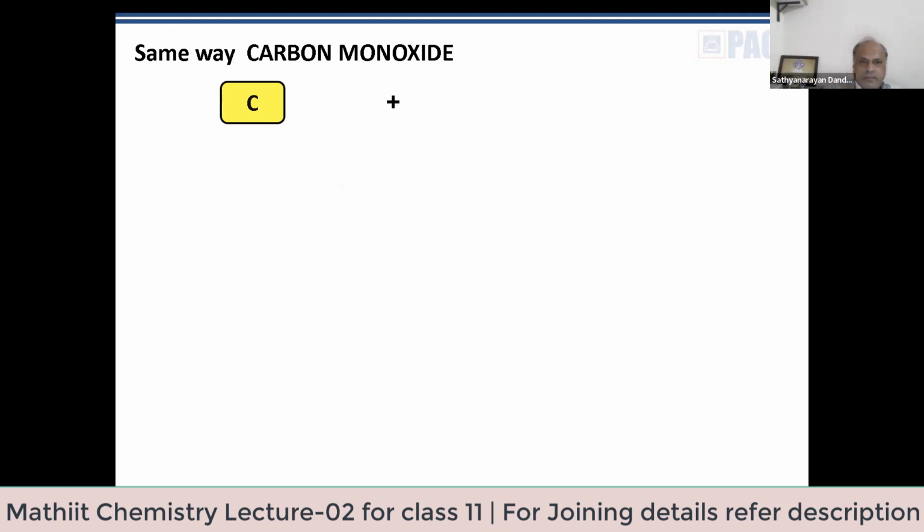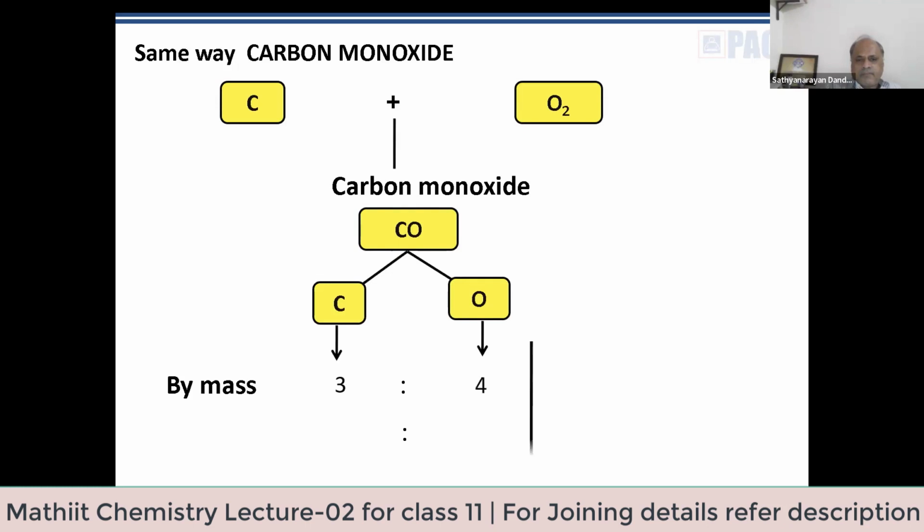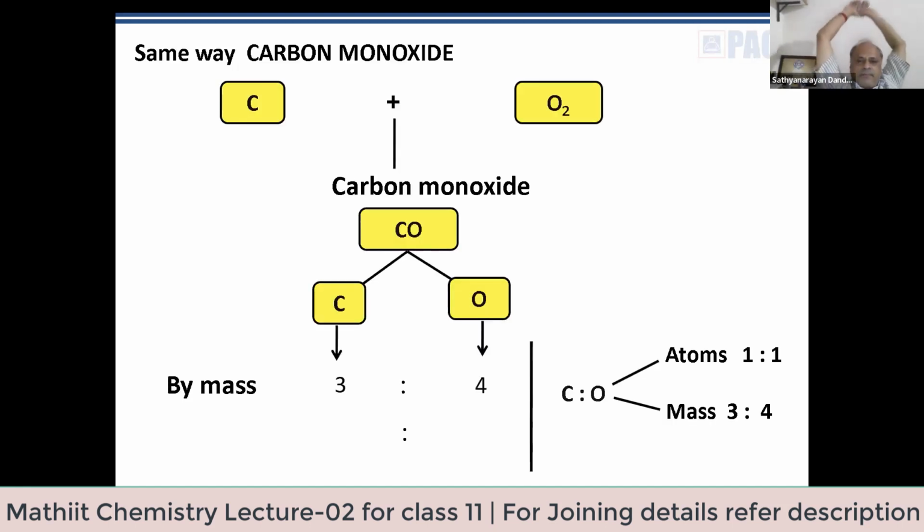Yes, answer. By atoms 1 is to 1 and by mass 3 is to 4. Let us see. Ratio by atoms, 1 is to 1. Ratio by mass, 3 is to 4. Why 3 is to 4? Because carbon atomic mass is 12, oxygen atomic mass is 16.